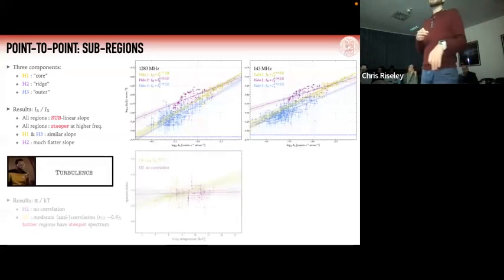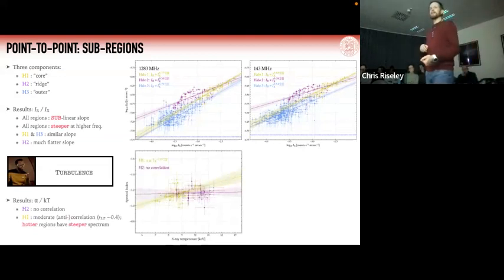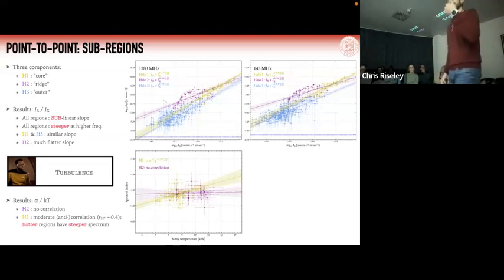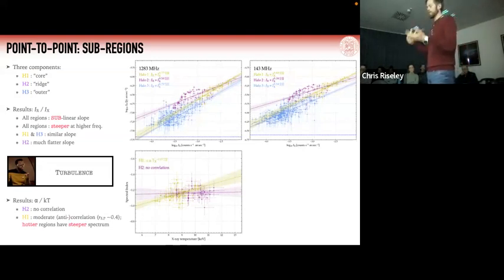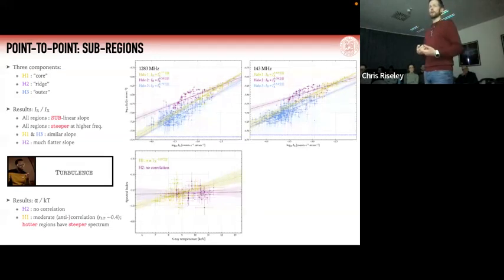Again, this is very much consistent with turbulence, but one of the things that we're investigating, because we have the sensitivity and resolution and data to do it, is studying whether there is a correlation between the radio spectral index and the temperature. Because you might think that where you have more turbulence in the cluster, you might get more energy deposited into the ICM, and you might have a hotter temperature, and you might therefore expect more particle acceleration and a flatter spectrum.